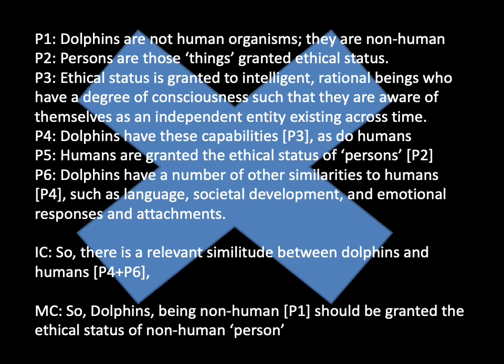However, babies, those suffering from mental illness or in a coma, are also granted such ethical status despite not having these properties, simply because they either will have or once did have such properties. So the holding of such properties as stated in premise 3 is not necessary, and it's doubtful that it's sufficient either.